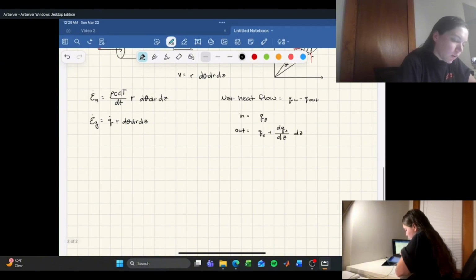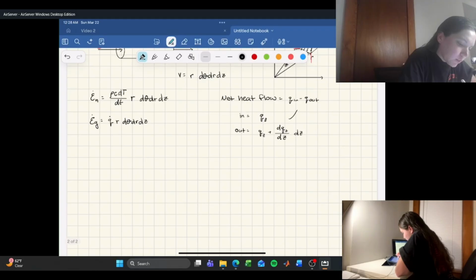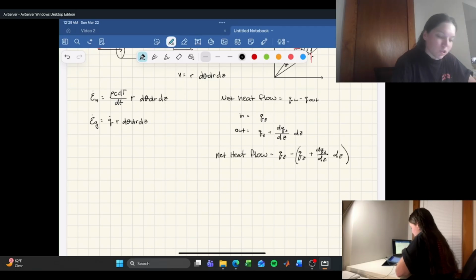So then that's going to leave, if we plug it back into this equation, net heat flow is equal to initial heat flow minus initial heat flow plus the change in heat flow over the change in position times the change in position.